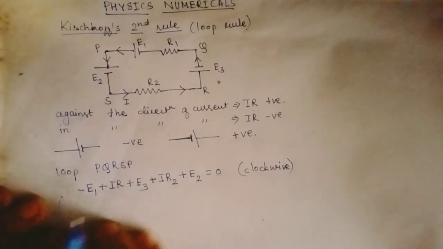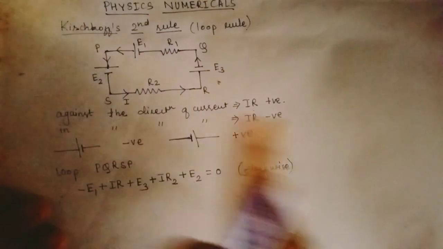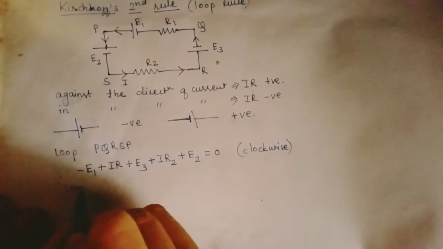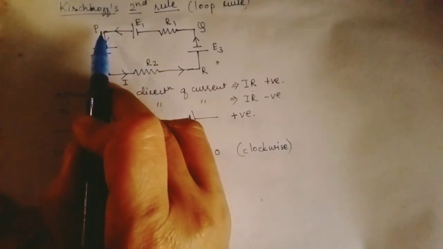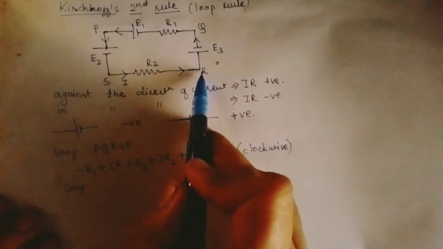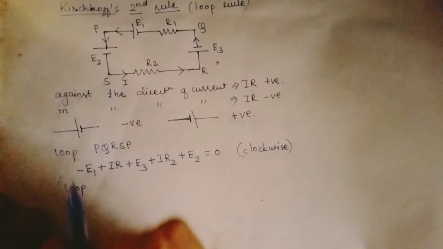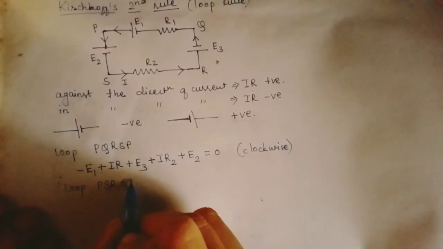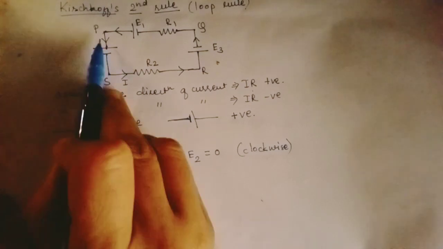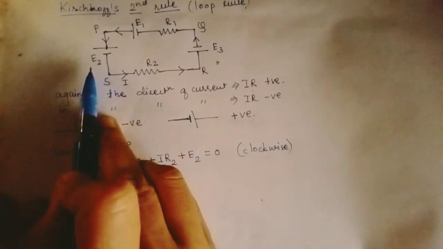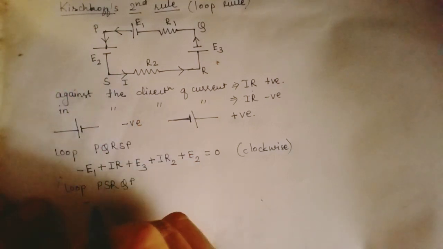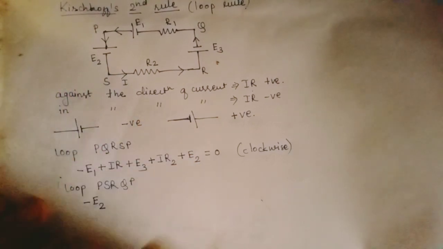Similarly, if we start in the anti-clockwise direction, the loop will be PSRQP. Starting from EMF E2, positive to negative, so E2 will be negative.